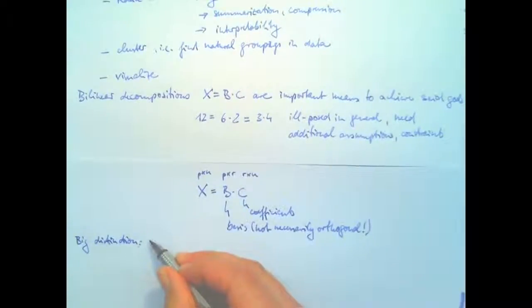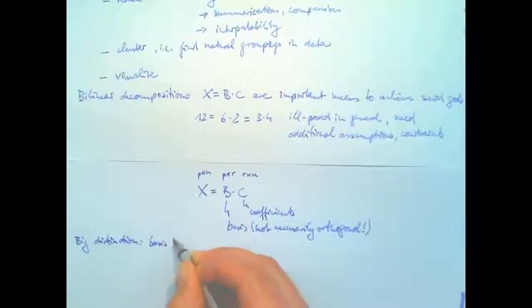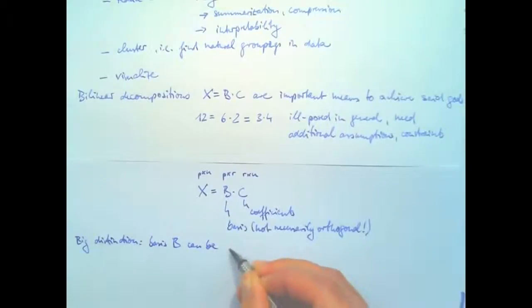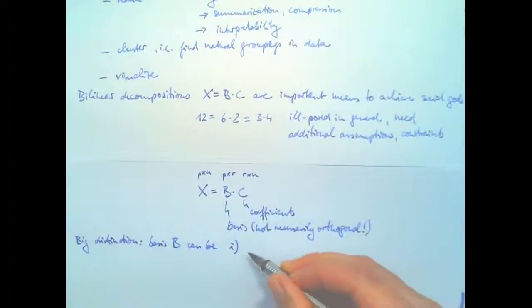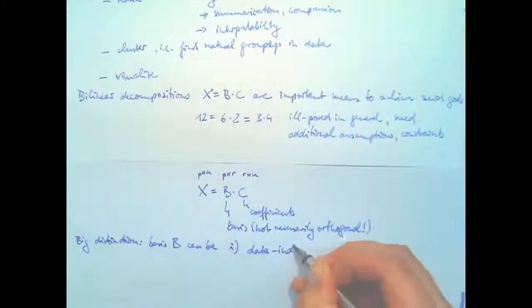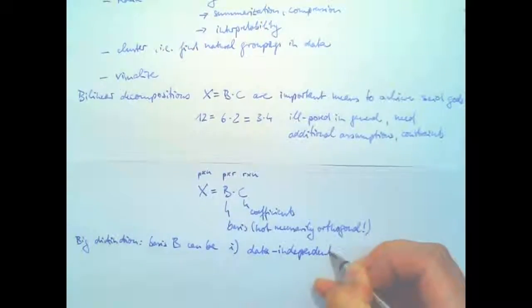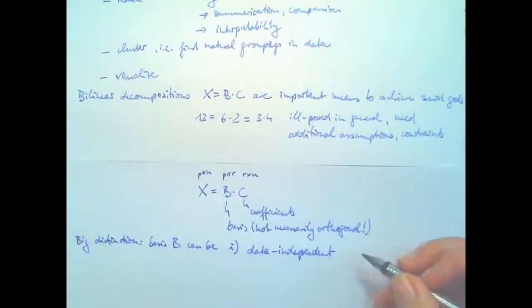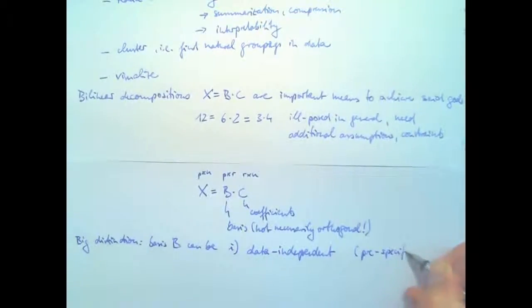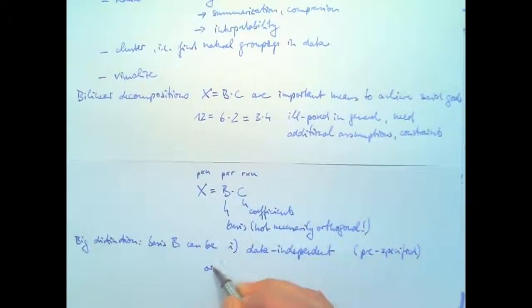The basis B can either be data independent, so it means people typically here use bases with nice mathematical properties, or it can be data dependent, which is often also called adaptive.